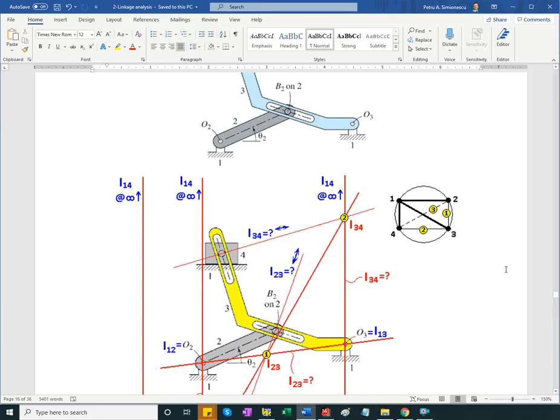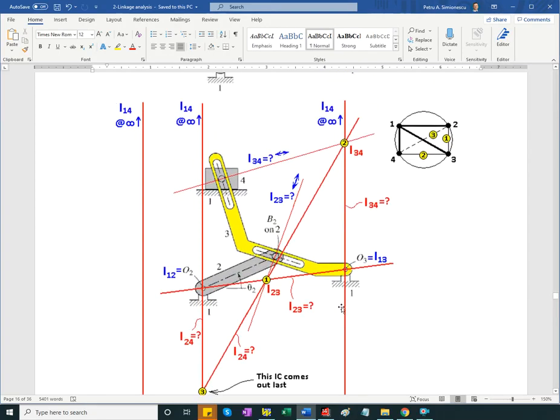So the analysis has to take into account that instant center 2, 3 and instant center 3, 4 can be found at step 1, and then instant center between 2 and 4 could be found only after finding these other two, 2, 3 and 3, 4.